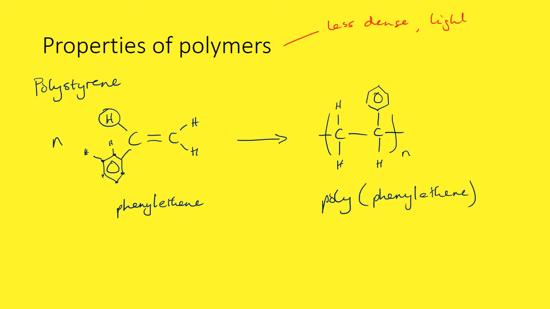It's light and less dense because the substituted group, which in this case is a phenyl group, stops the polymer chains getting close to each other, and then the van der Waals forces are weaker, and the chains are further apart and less strongly attracted to each other, so they're also more flexible.